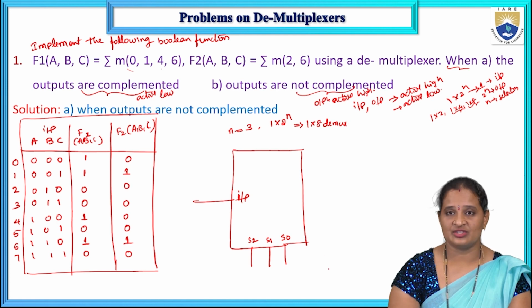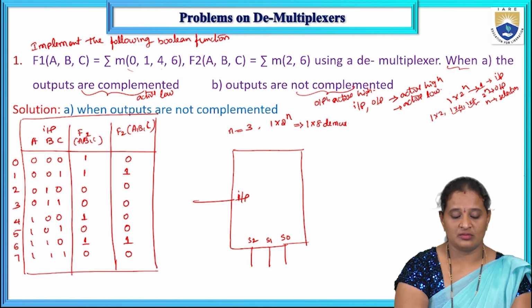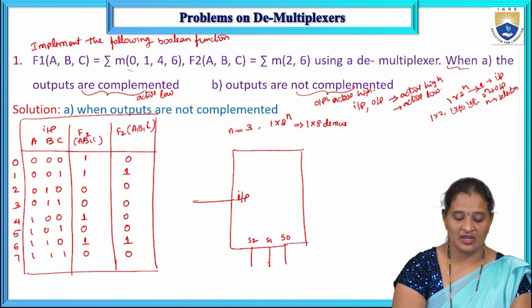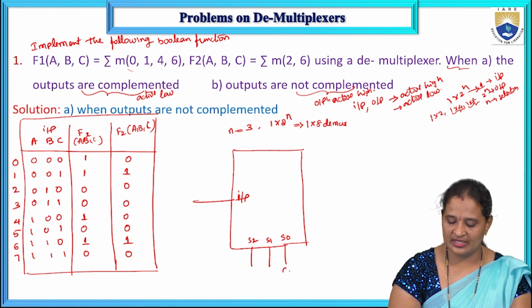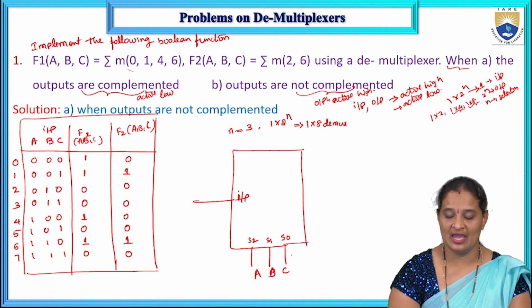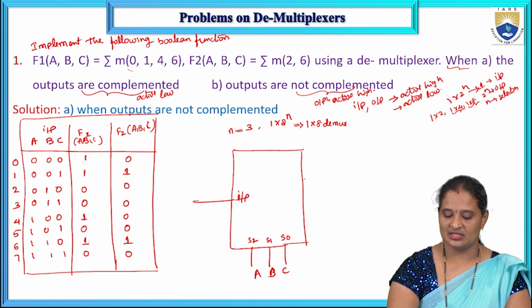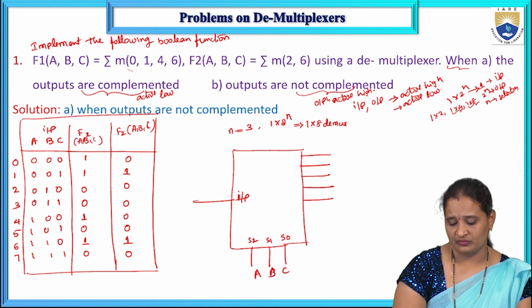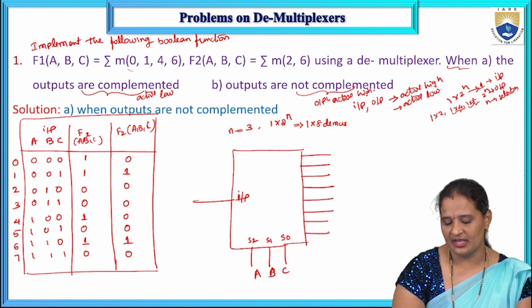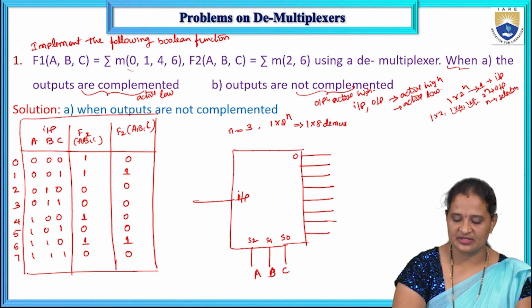Just assign the selection inputs in the same order as the input variables taken in the truth table. So that is C, B, A. A is the MSB. So S2 is A, S1 is B, S0 is C. And we do have 8 output lines, 0, 1, 2, 3, 4, 5, 6, 7.